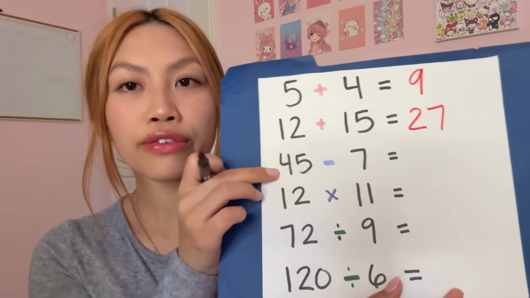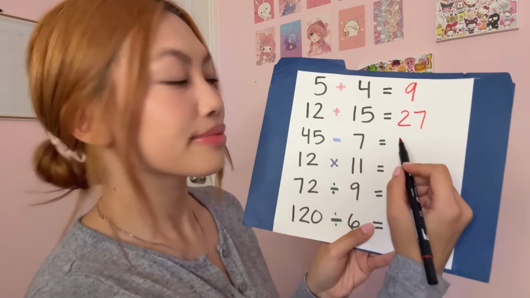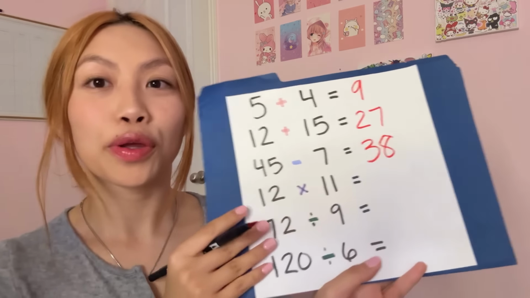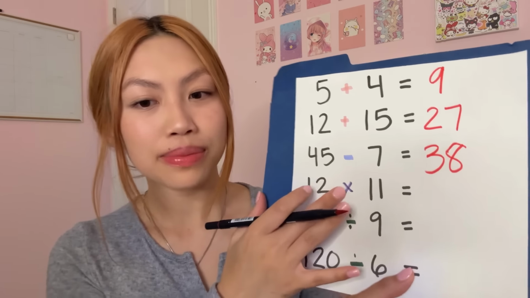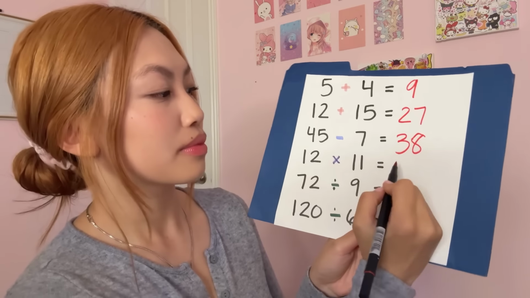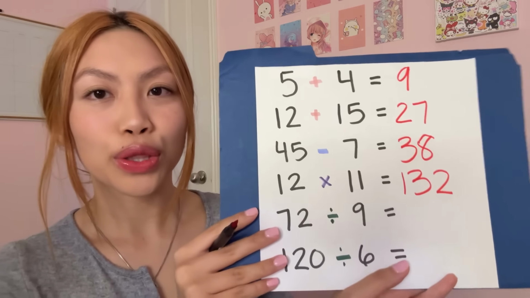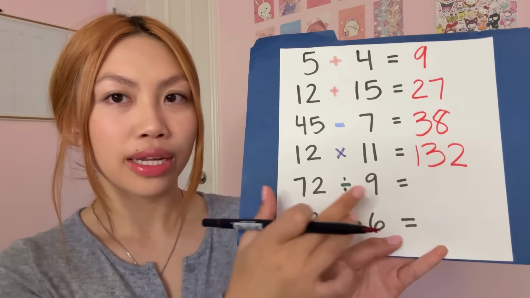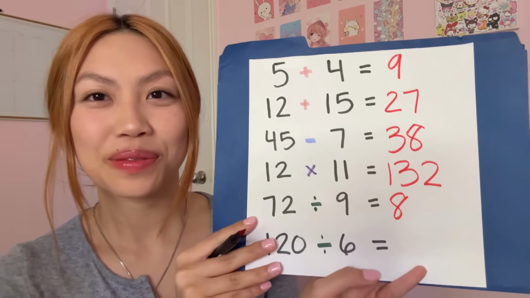And then 45 minus 7 is 38. 12 times 11 is 132. 72 divided by 9 is 8.